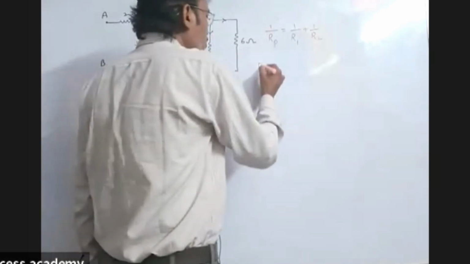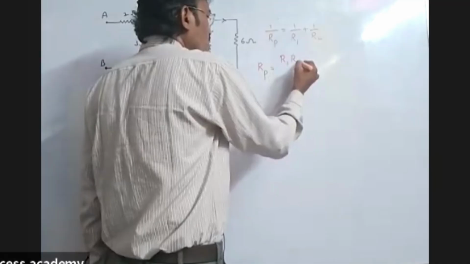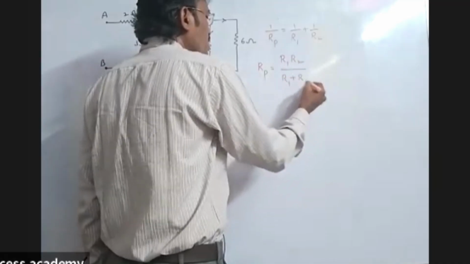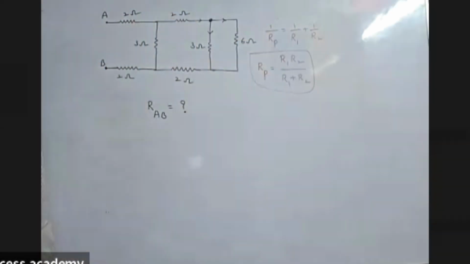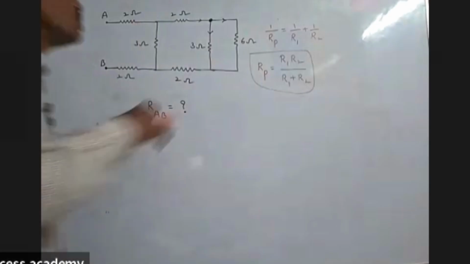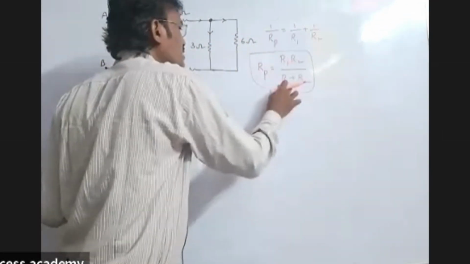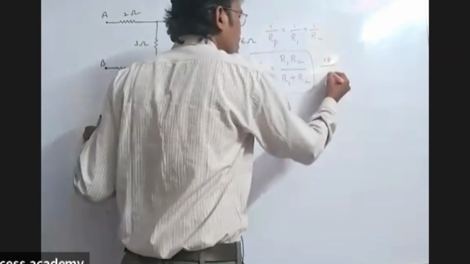Now the same formula can be rearranged by taking the LCM. If the circuit consists of two resistors in parallel combination, this is the effective formula: Rp is equal to R1 R2 by R1 plus R2. So now 6 into 3 by 6 plus 3, where R1 is 6 and R2 is 3. 6 threes are 18, 6 plus 3 is 9.